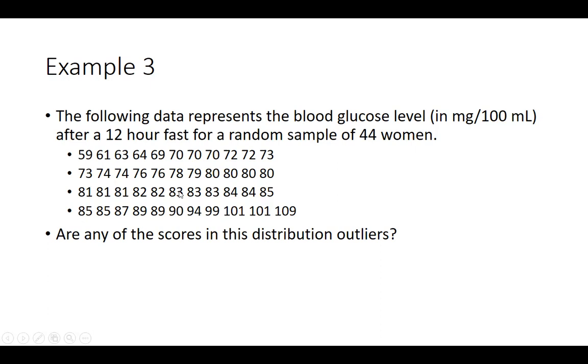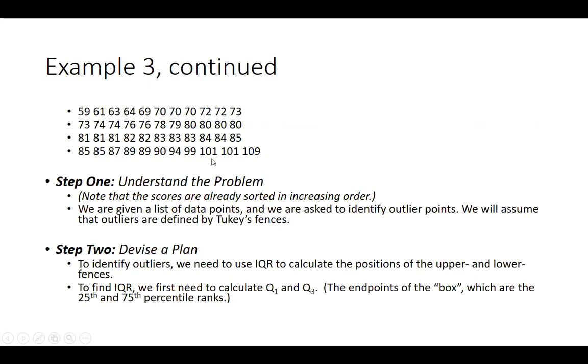They are in increasing order. And we want to know, are any of the scores in this distribution outliers? So since we're given a list of data points in increasing order, and we're asked to identify outlier points, we will assume that outliers are defined by Tukey's fences.